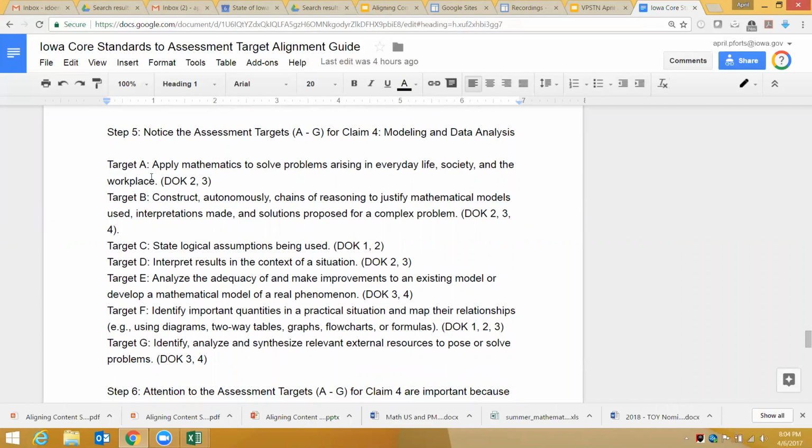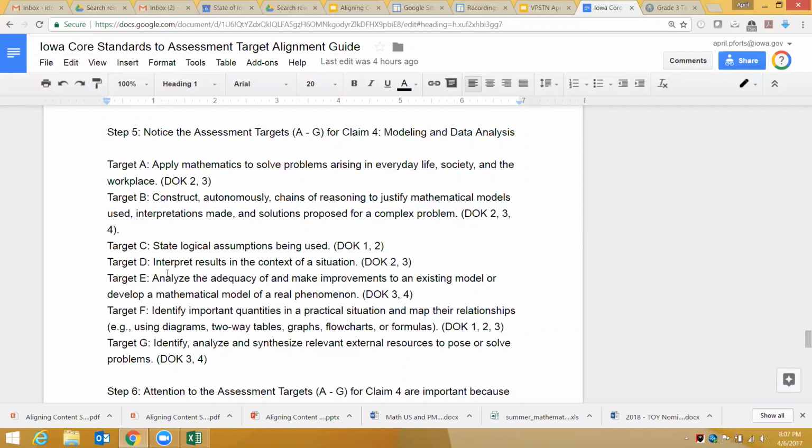Target A is to apply mathematics to solve problems arising in everyday life and workplace. Target B, construct autonomously chains of reasoning to justify mathematical models used, interpretations made, and solutions proposed for complex problems. Target C, state logical assumptions being used.